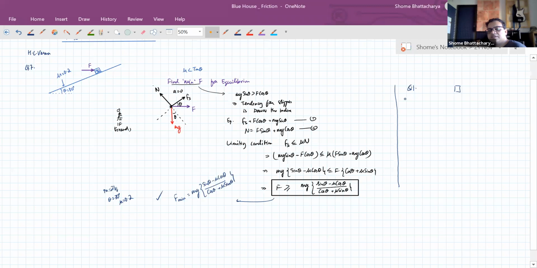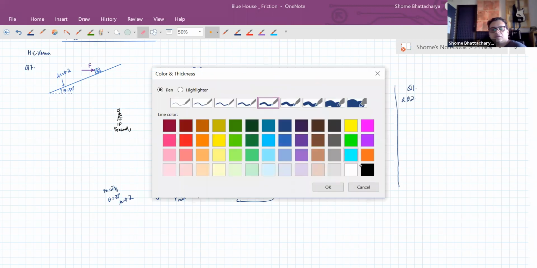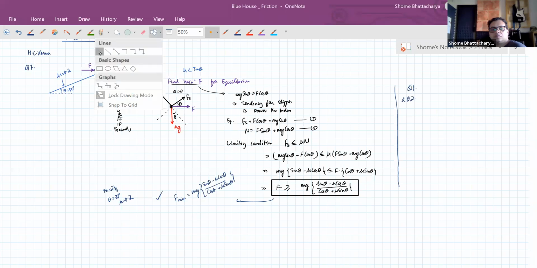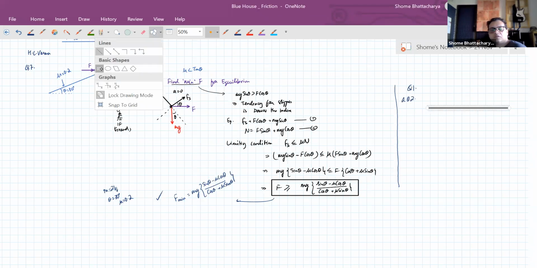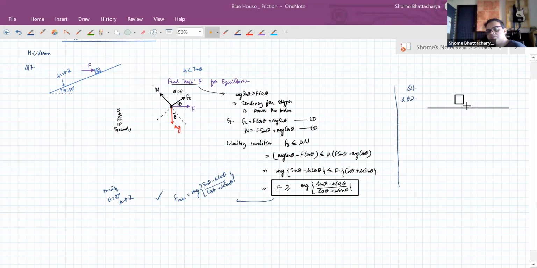So both first and second, you have to use this concept that a block is on a rough horizontal surface, and it is moving on the surface given some kind of initial velocity.